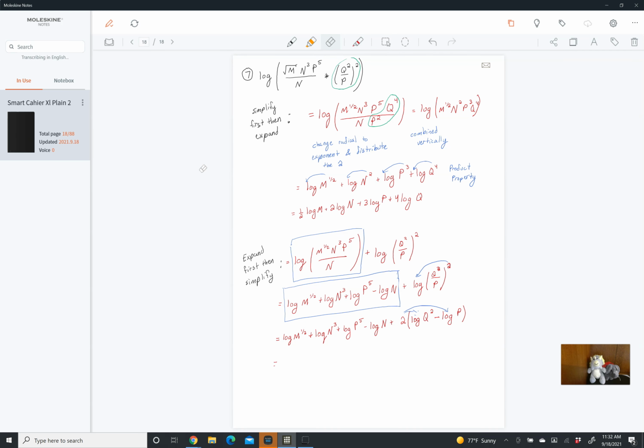So we get log m to the 1/2 plus log n cubed plus log p to the 5th minus log of n plus 2 log q squared plus 2 log p. And now all we have to do is bring all of those exponents out to the front.